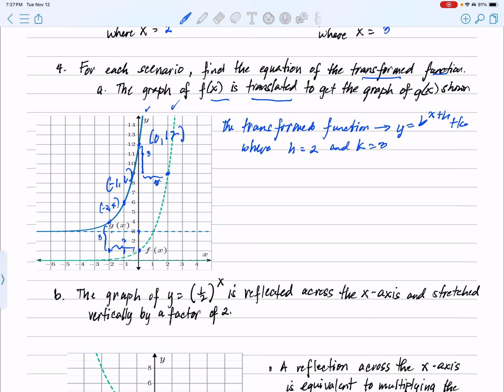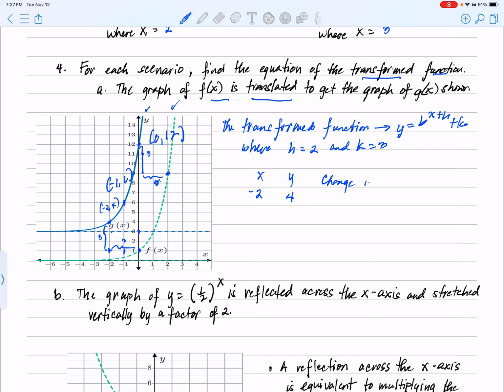So analyzing the change in the values, let's say when x is -2, the y becomes 4. Okay?